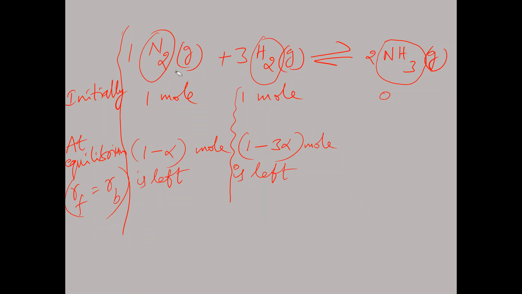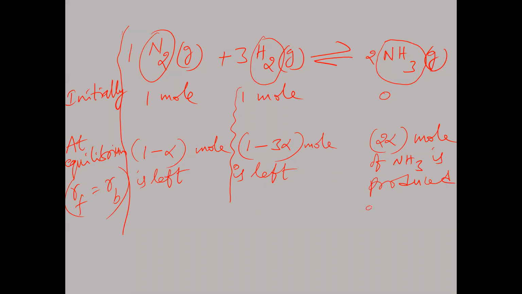If alpha is consumed, how much do we get? 2 into alpha. So 2 alpha moles of NH3 ammonia is produced.